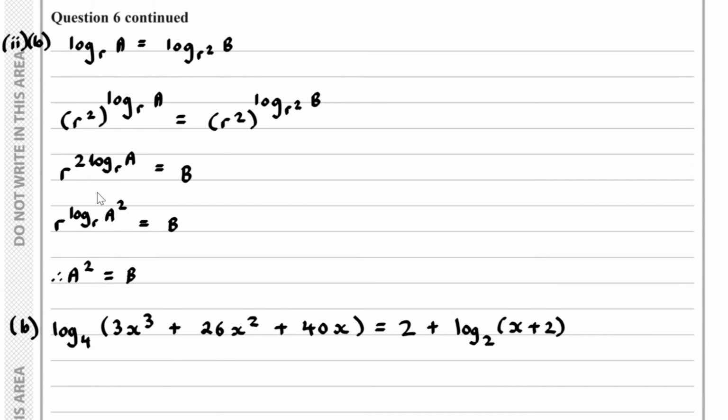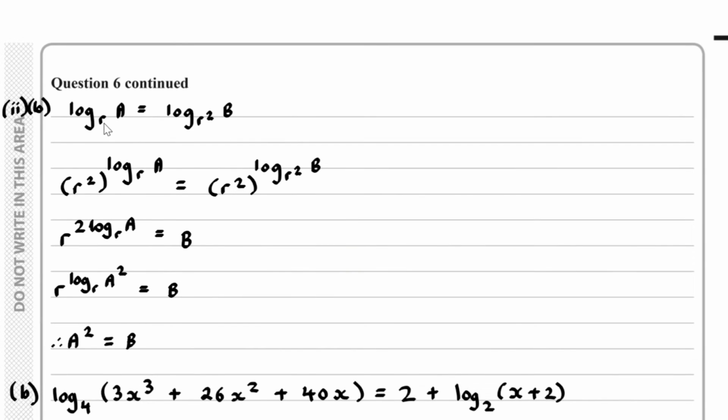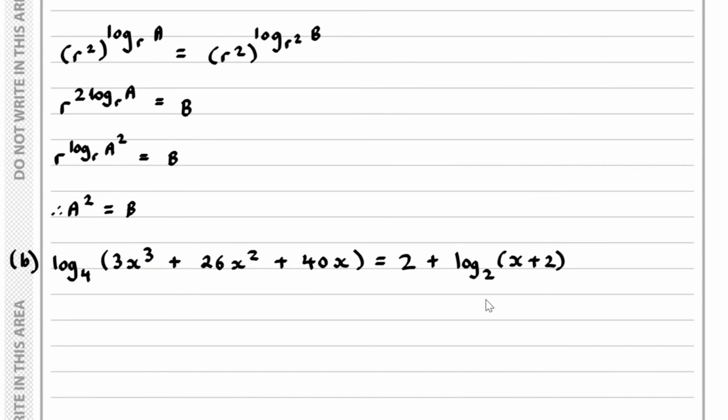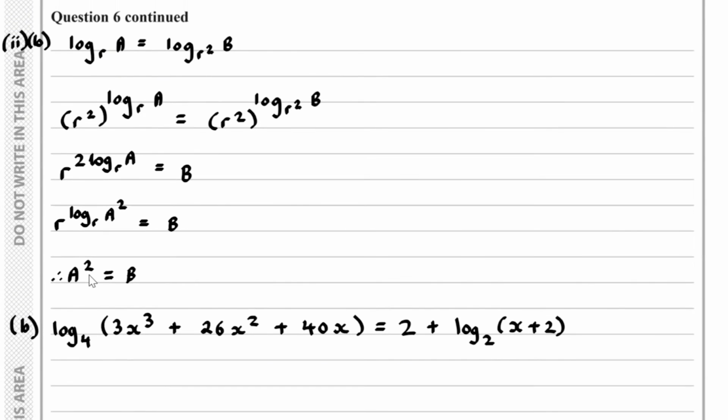Now, here we are given a clue. We've got a base of r here and a base of r squared. You'll notice r squared, 2 squared is 4. So we can use this idea to help us solve this equation when we've got different bases.